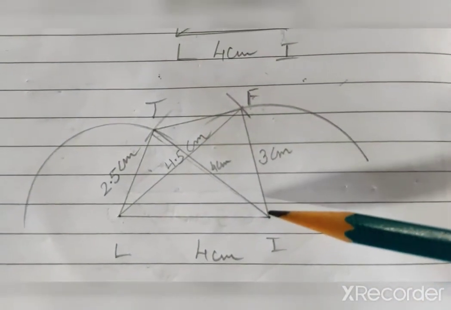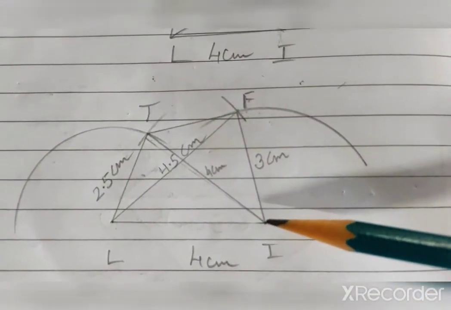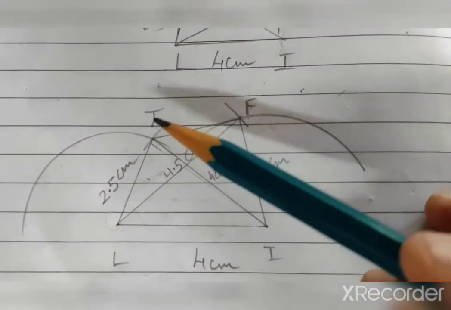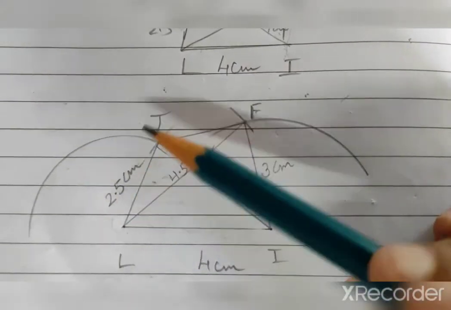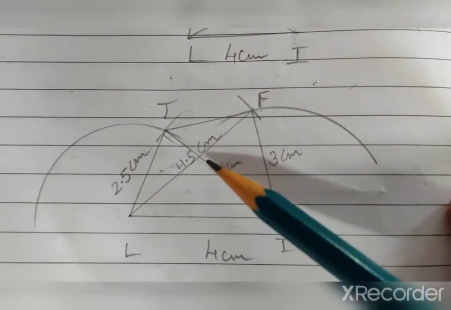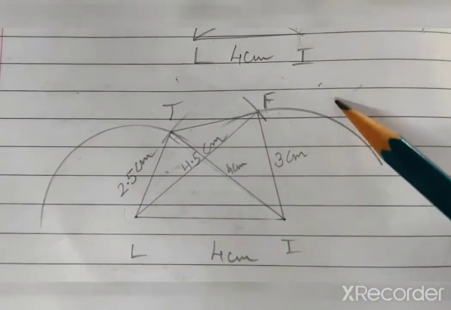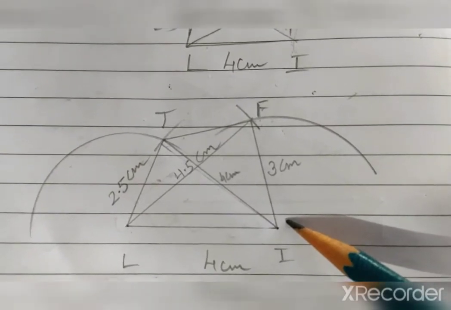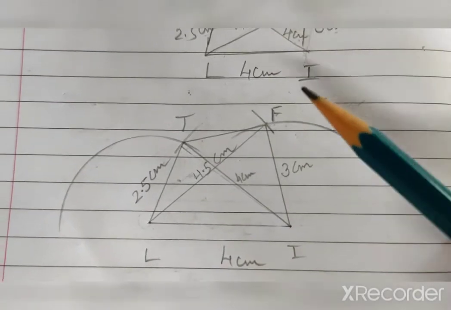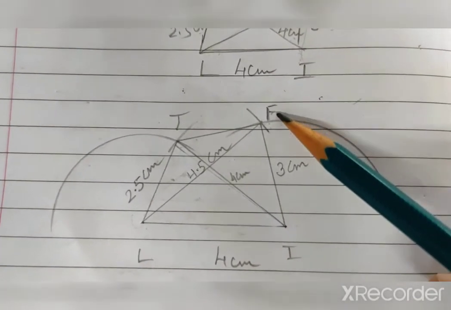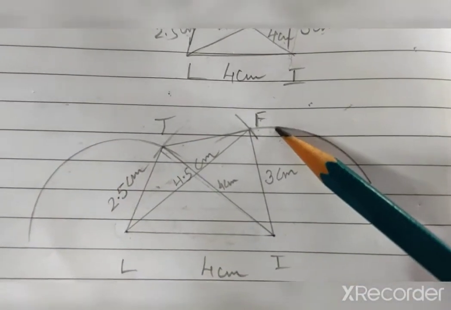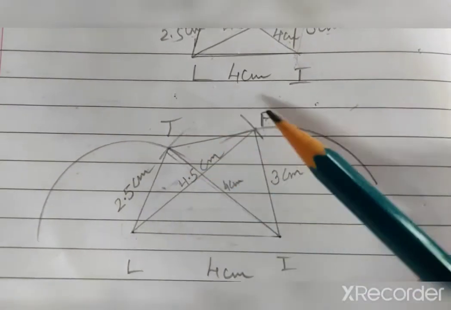Taking 4 centimeter radius with I as a center, draw another arc which intersects the previous arc at point T. Join L to T, I to T. Now taking radius 4.5 centimeter with L as a center, draw an arc. Now with I as a center and radius 3 centimeter, draw another arc which intersects the previous arc at the point F. Join L to F, I to F and T to F.